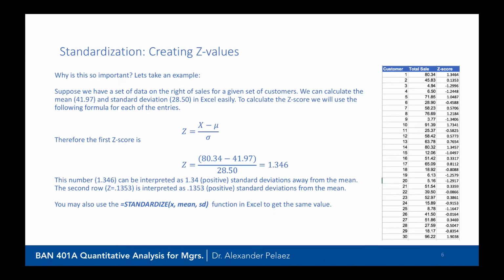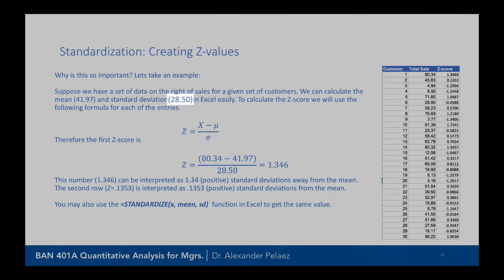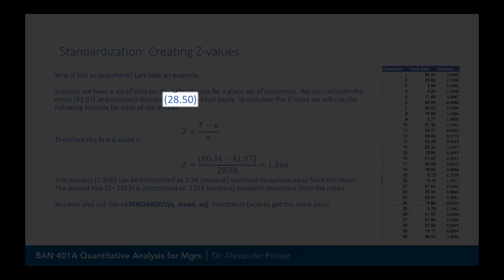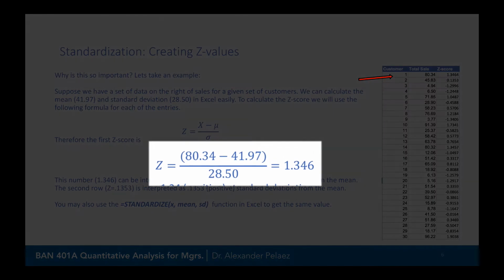So let's take a look at what this is. Why is this important? Well, suppose we have a set of data on the right. We have sales of a given set of customers. We can calculate its mean as 41.97 and a standard deviation of 28.50 in Excel easily. To calculate the z-score, we're going to use the following formula. Z equals x, we take the x value, which is the total sale, subtract the 41.97, and then divide by 28.50.